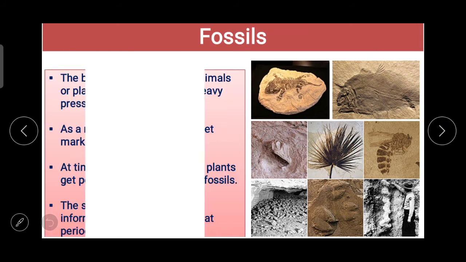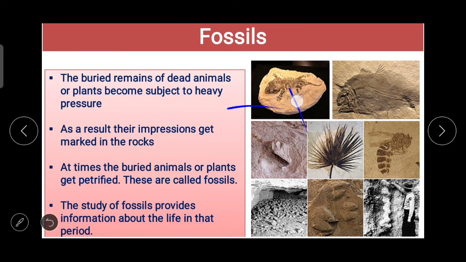This one, fossils of animals and also of plants. The buried remains of dead animals or plants become subject to heavy pressure. And what happens because of this? The impressions get marked in the rocks.